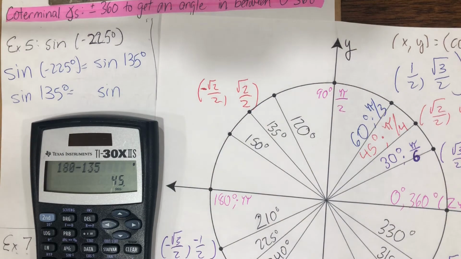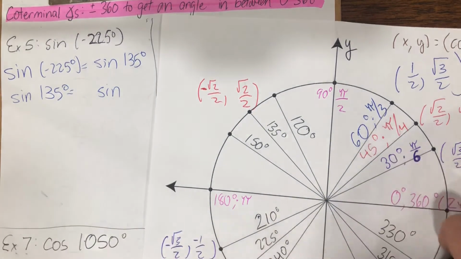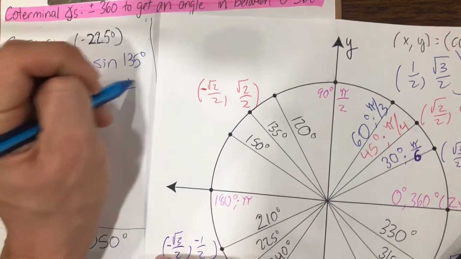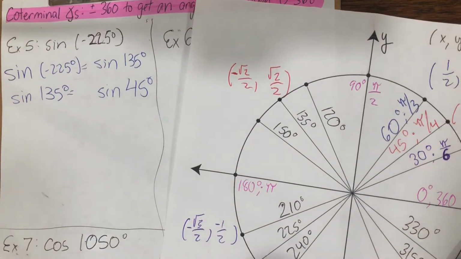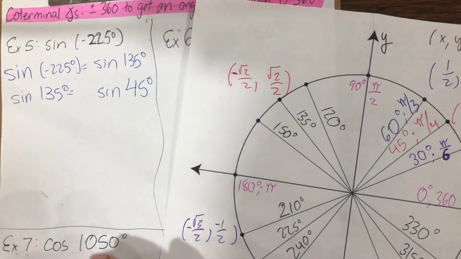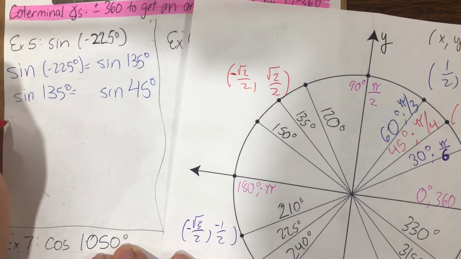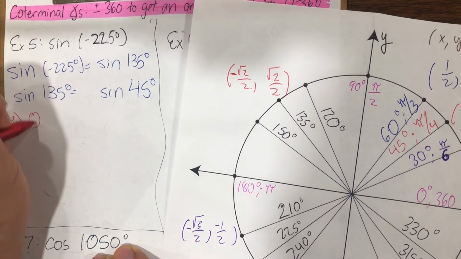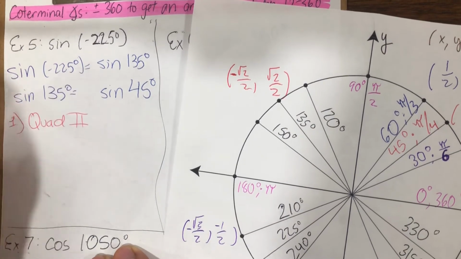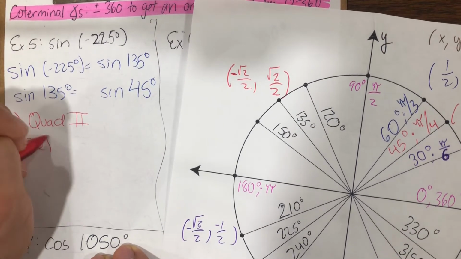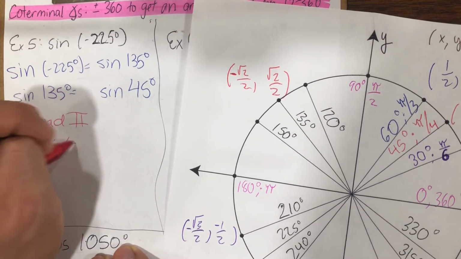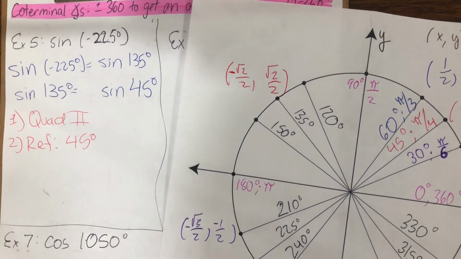I get 45 degrees. So my reference angle for 135 is 45 degrees. We're looking in the second quadrant, and my reference angle is 45 degrees.